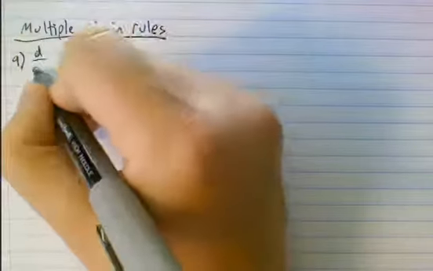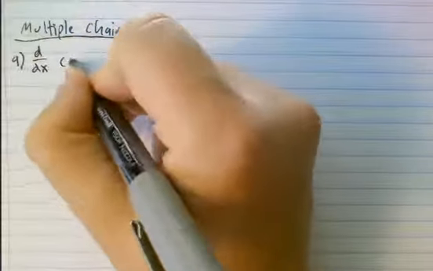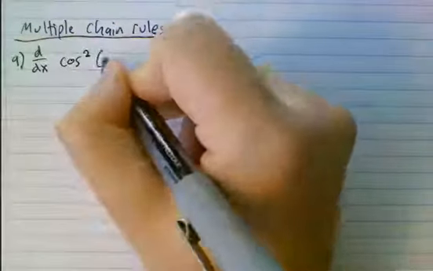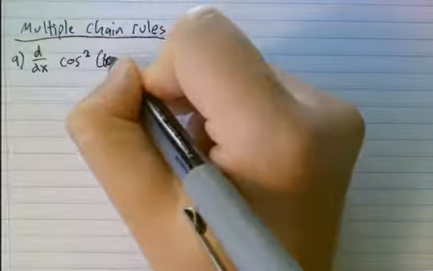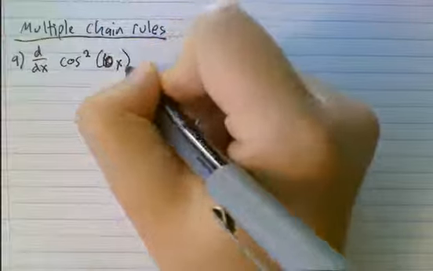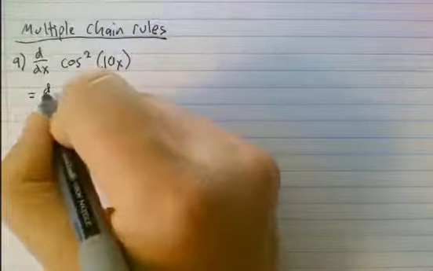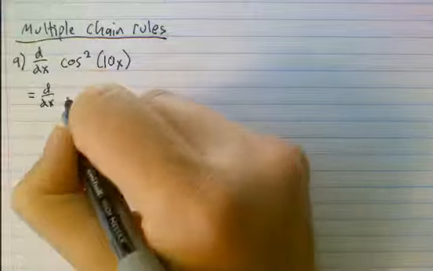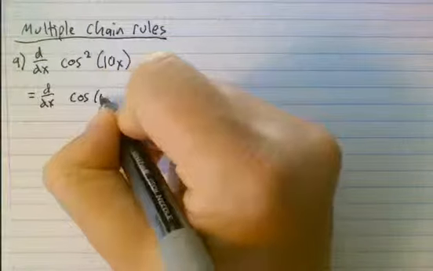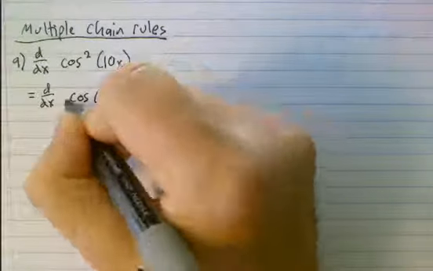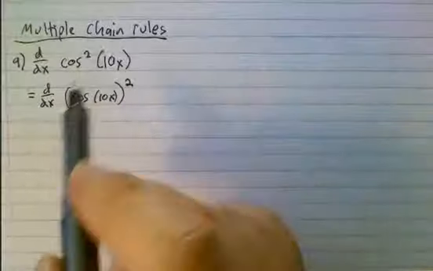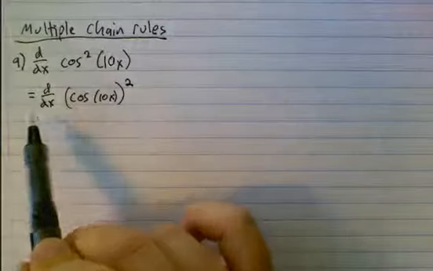So let's say, for example, we've got a problem that's take the derivative of cosine squared of 10x. The first thing to remember is that this is the same as rewriting it as cosine of 10x, whole thing squared. There's a rewrite step. Notice we have not taken the derivative yet.